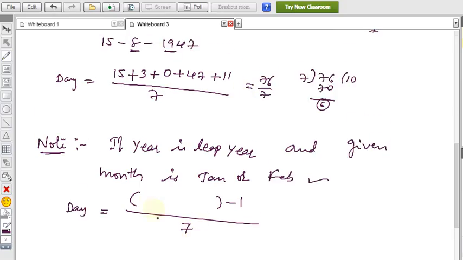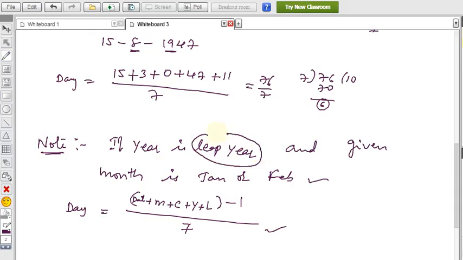In the previous formula you take date plus month code plus century code plus years plus leap years, and these are all minus 1, all divided by 7. So we need to subtract 1 from the total of the numerator. This is an extra note only if it is a leap year.